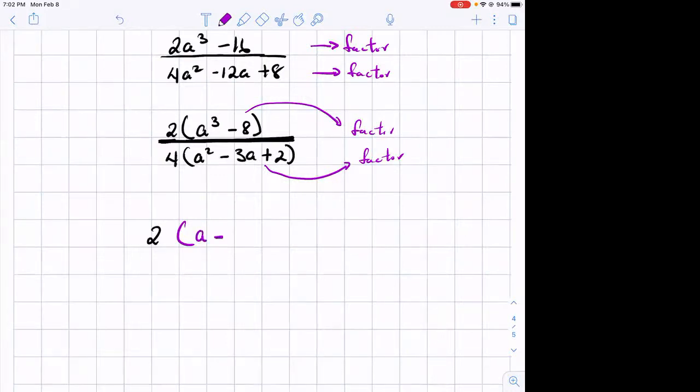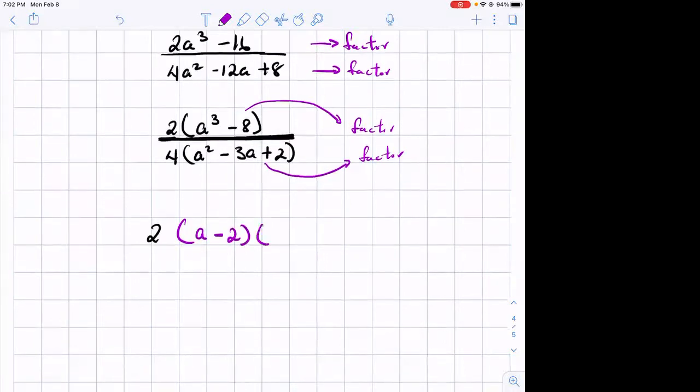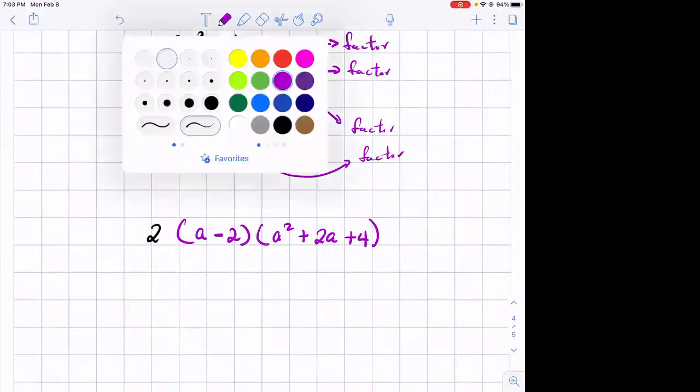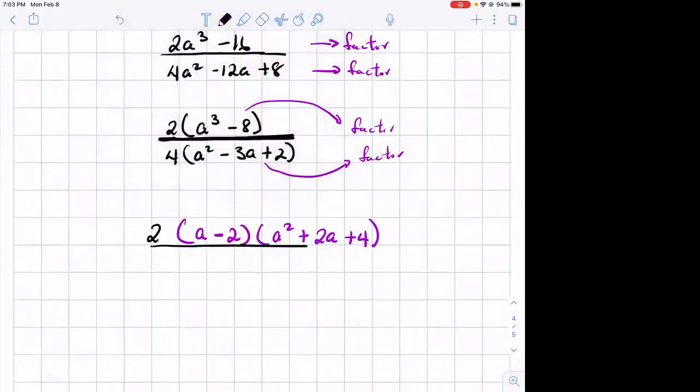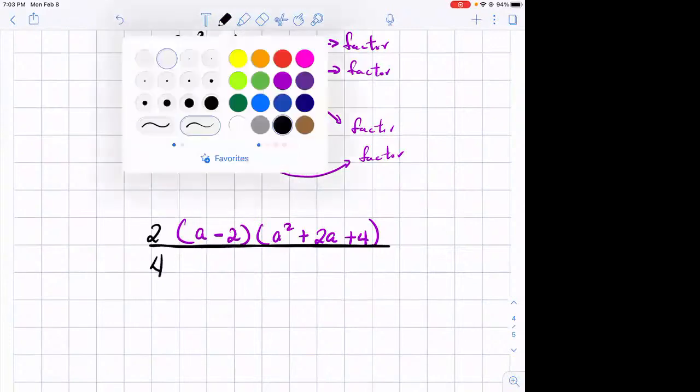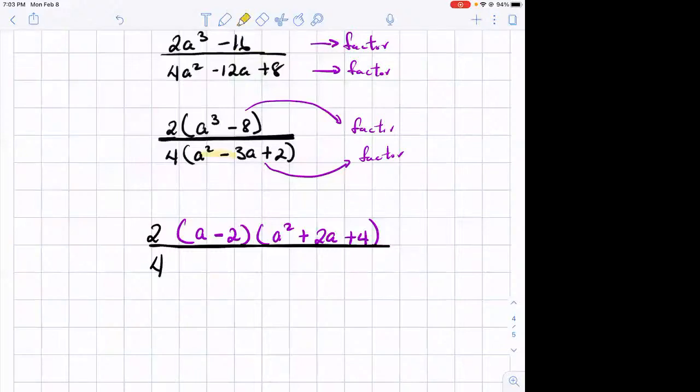So if you factor the inside, the 2 stays, but now that inside, using the difference of cube, becomes a minus 2 times a squared plus 2a plus 4. And if you factor the denominator, the 4 will stay, and factoring that quadratic will give me a minus 2 times a minus 1.